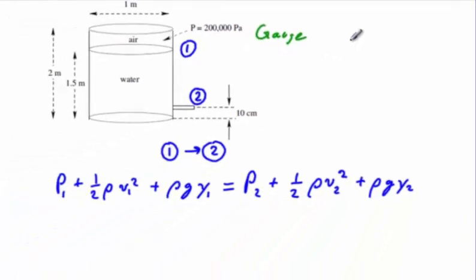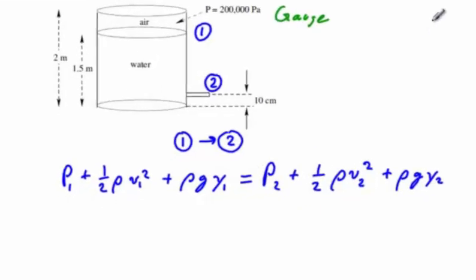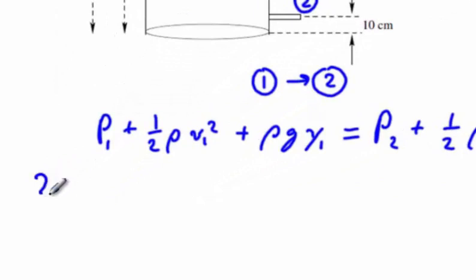We'll do it in gauge pressures because that typically makes problems simpler when they involve fluids that touch air. So the pressure at location 1 is 200,000 pascals. Because the tank is 1 meter in breadth and the faucet itself is only 1 centimeter, I'll be able to neglect the velocity at location 1 as compared to other terms. We'll come back to this question of whether that's valid in part B of the problem.